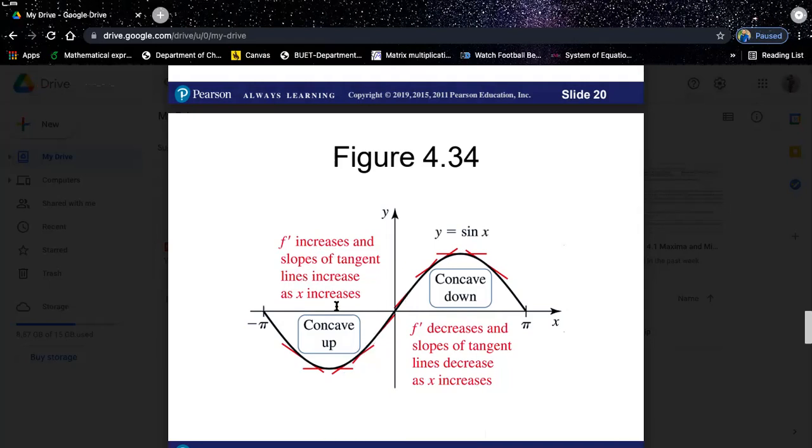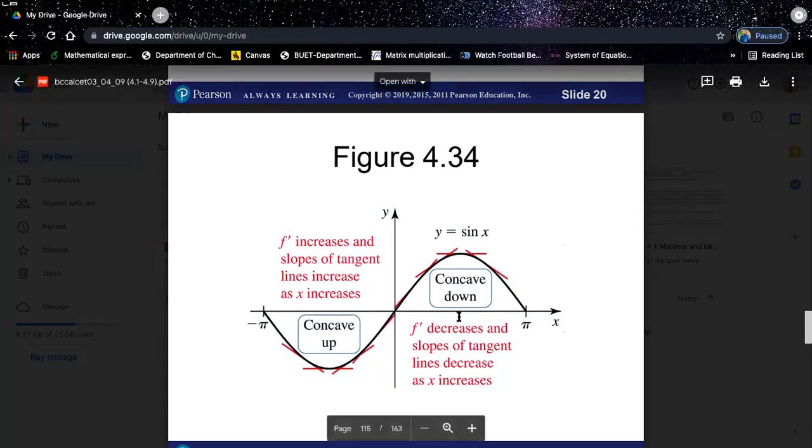So the derivative actually increases as we move to the right. That means as x increases, the derivative also increases. Do you agree? Don't just trust me. If that's the case, we say that it's concave up, okay?